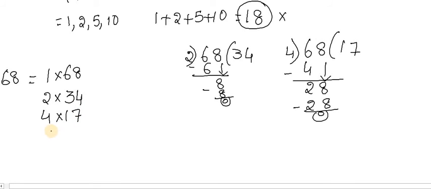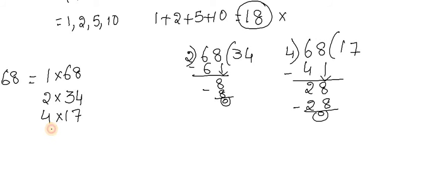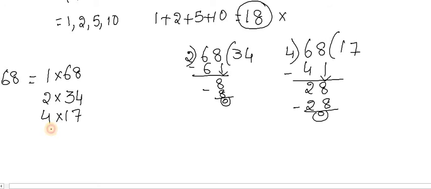And the 5 table will not come, 6 table will not come, 7 table, 7 nines are 63, it will not come. 8, no, 9, 10, 11, 12, 13. So the factors of 68 are 1, 2, 4, 17, 34 and 68.